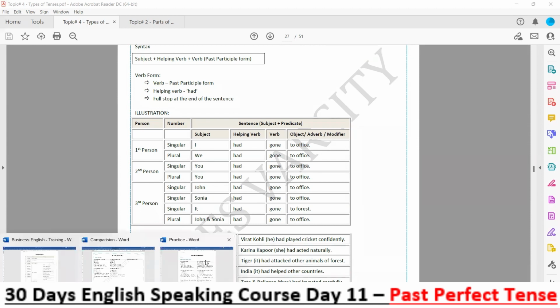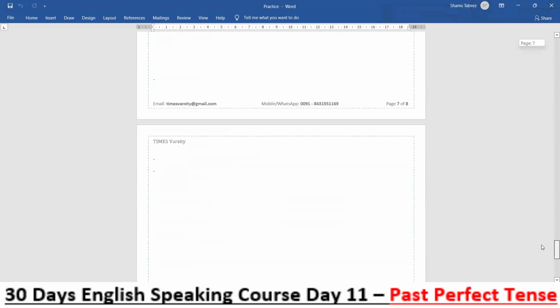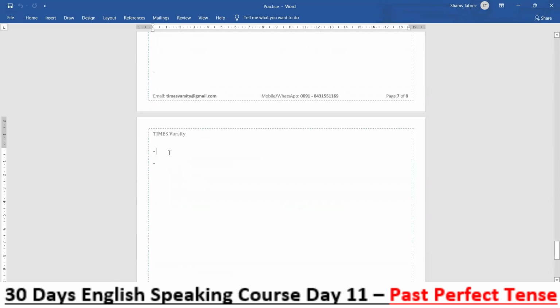So here, look at the Urdu translation or Hindi translation, how it looks like. So when I say Sonia went to office, same thing, if you are telling like this, Sonia went to office, then Sonia had gone to office.